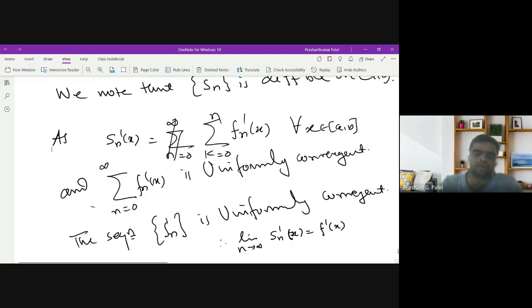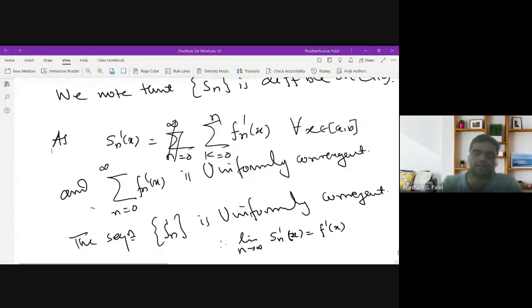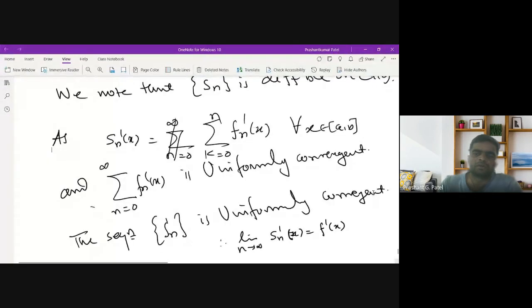This is exactly what we required: summation k running from 0 to n fk dash x as limit n tends to infinity, and on this side it is d by dx of summation n running from 0 to infinity fn x.